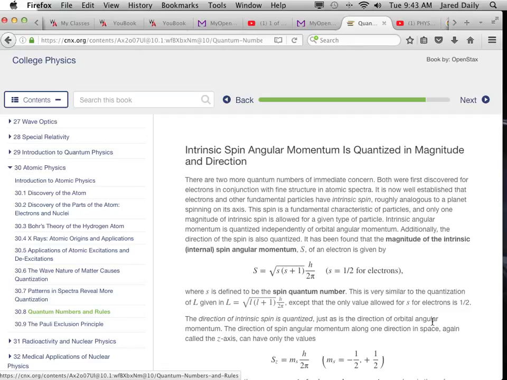This is like calculating the angular momentum again, but it turns out that for electrons, s is always equal to 1/2. So that makes it really easy. That's little s.